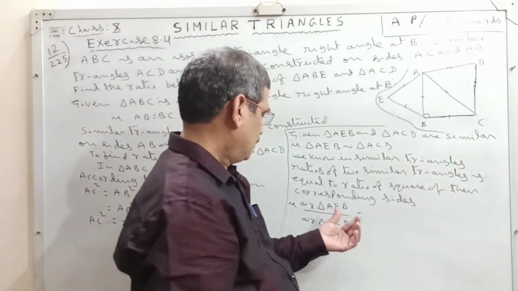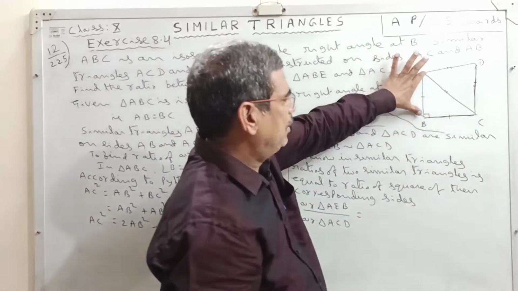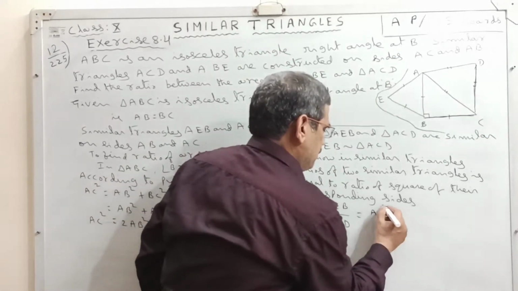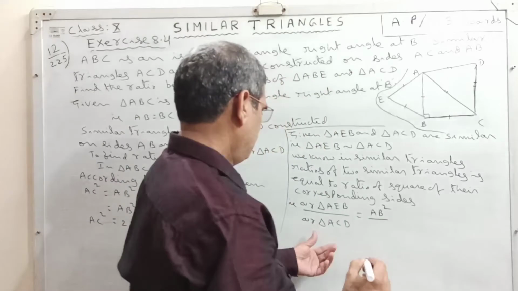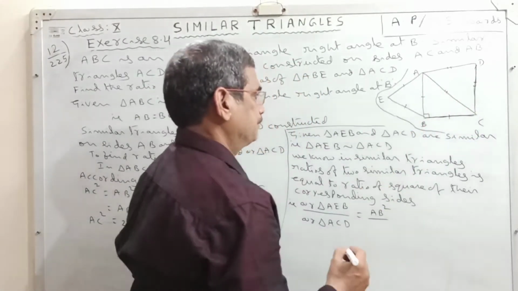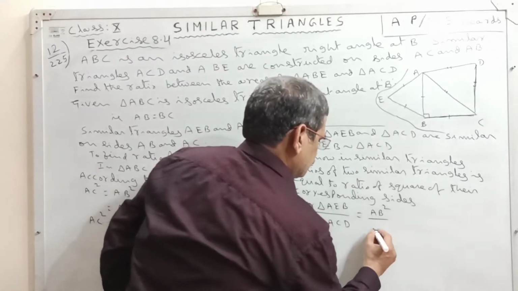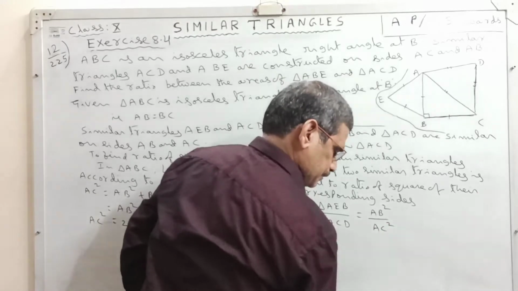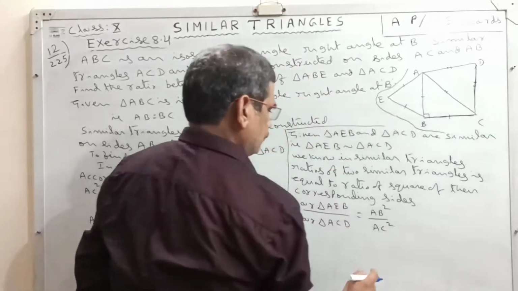In AEB, side AB, so AB square, by, in this ACD triangle, AC square.